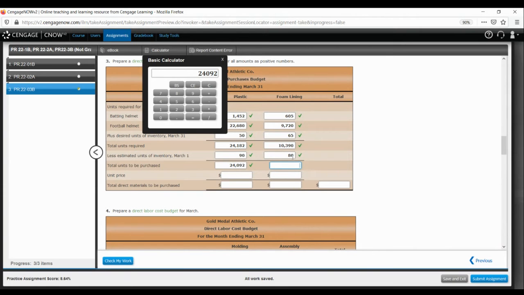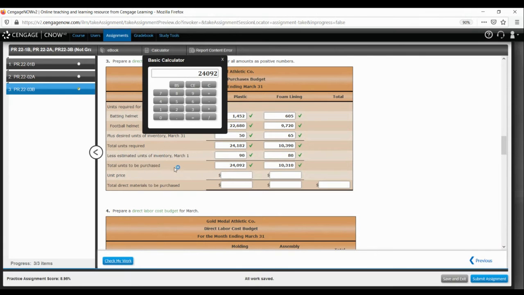Again, for the foam lining, we are subtracting the 80 units from the 10,390. That will give you the units that you need to purchase.